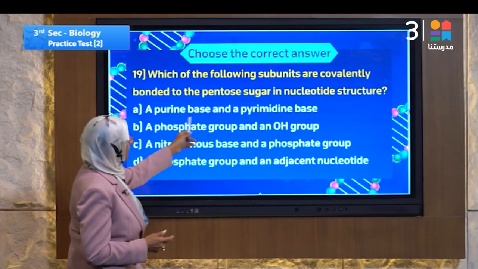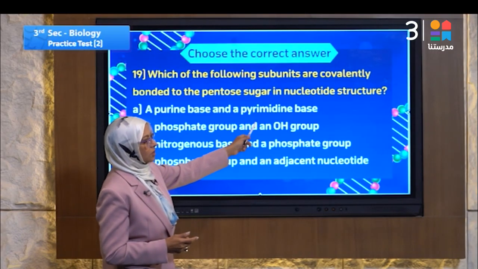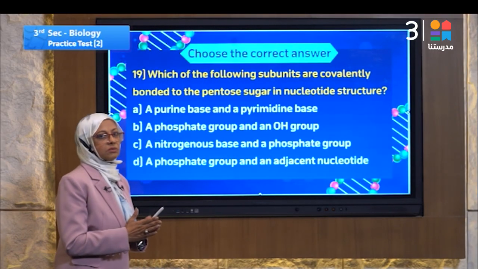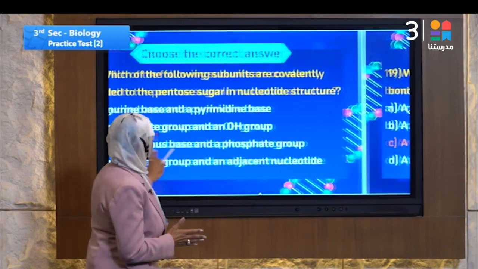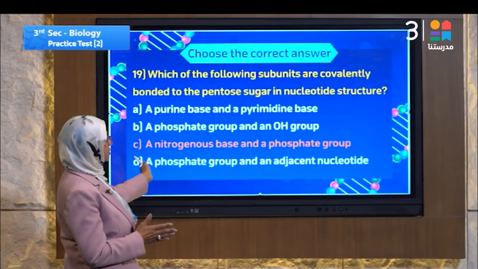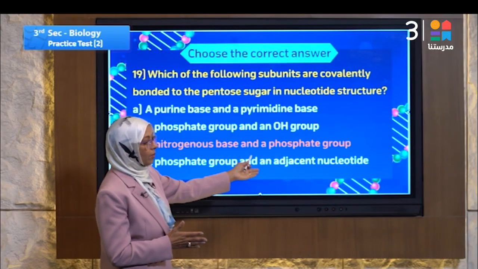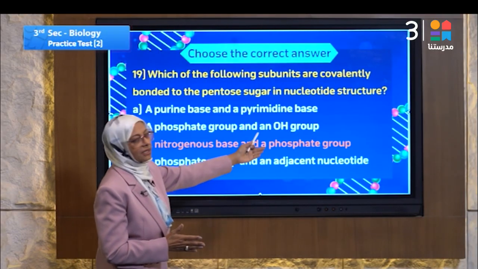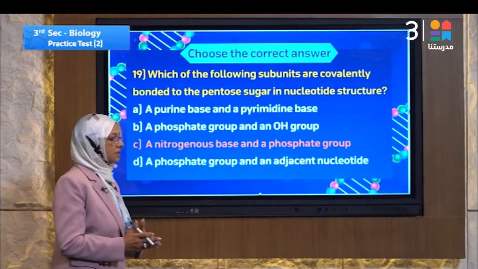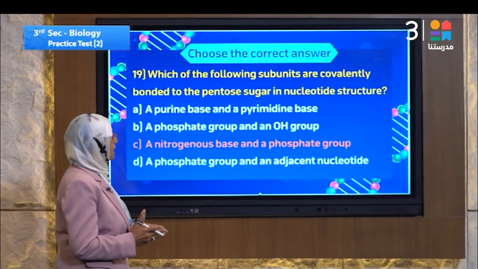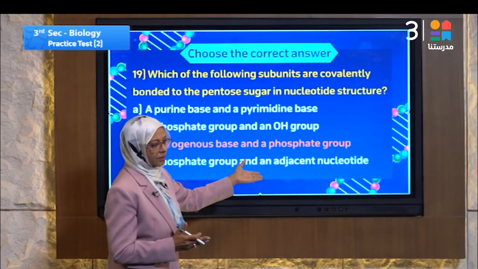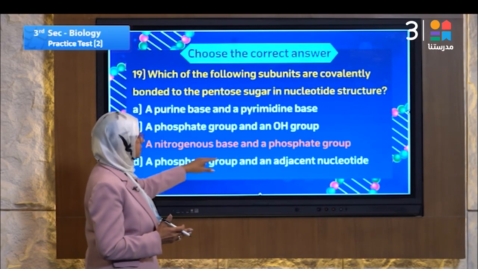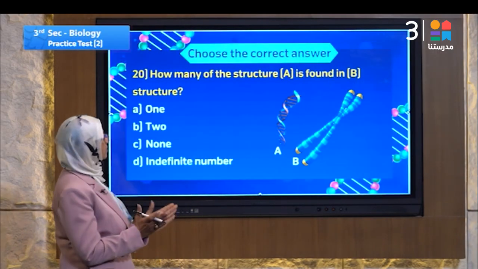The purine and pyrimidine are nitrogenous bases, which do not bind with a covalent bond. The phosphate group and OH group, and the nitrogenous base and phosphate group, will be bonded by a covalent bond in the nucleotide. So the answer is the covalent bond binds the nitrogenous base and the phosphate group. Let's go to question number 20.